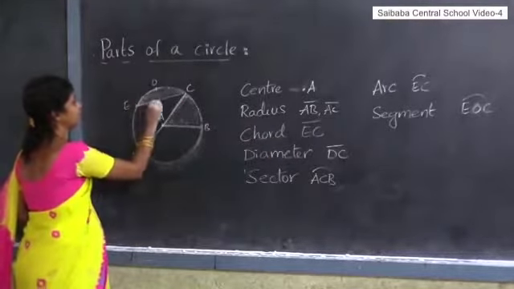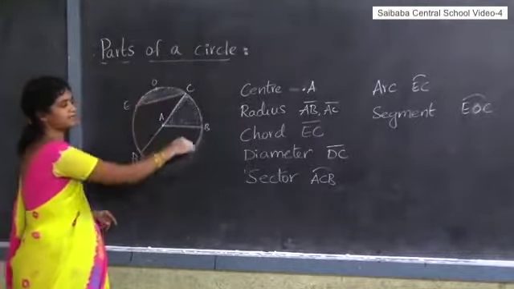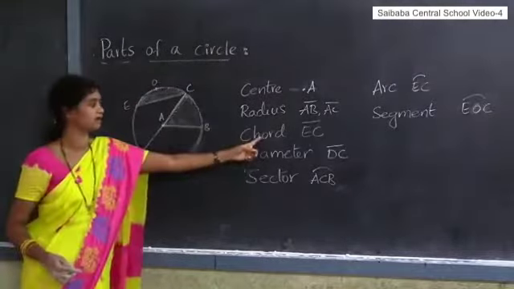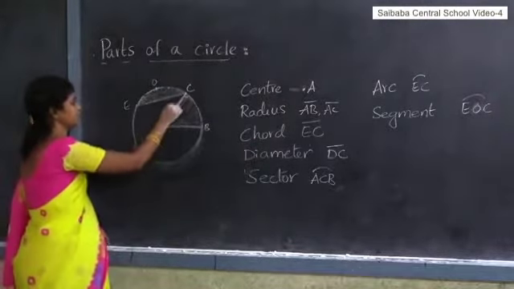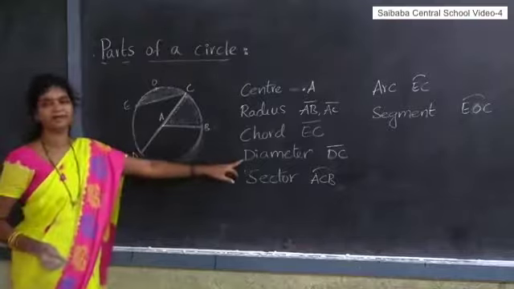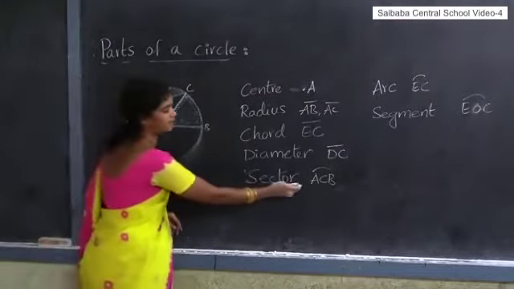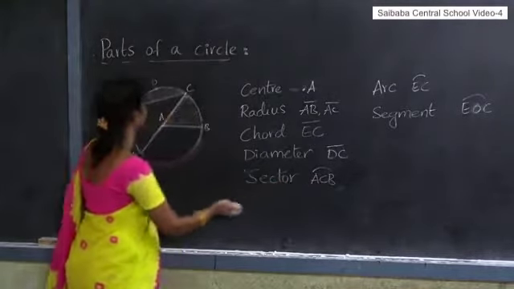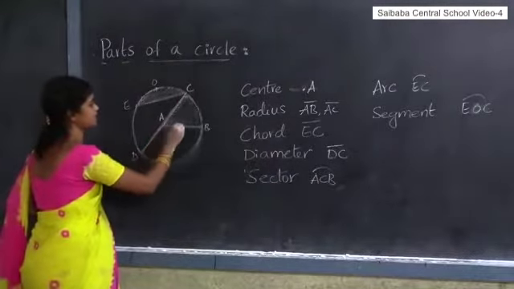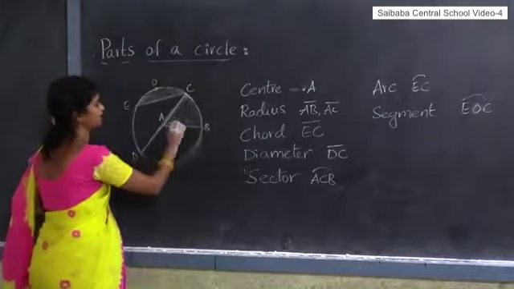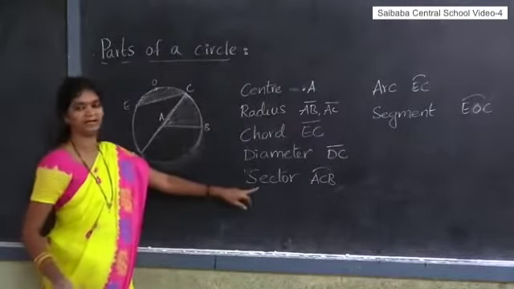Chord is the line joining two points on the circle. So EC is the chord. DC is the diameter of the circle. And the sector is the area between ACB. So ACB, this area is called the sector.